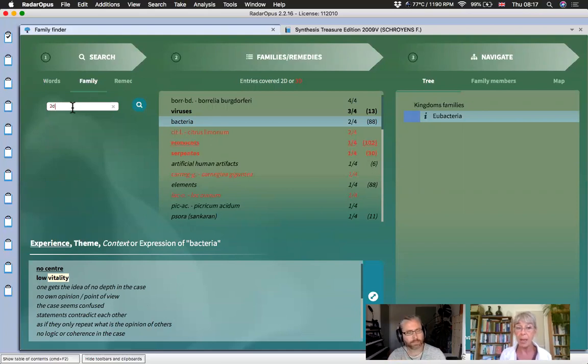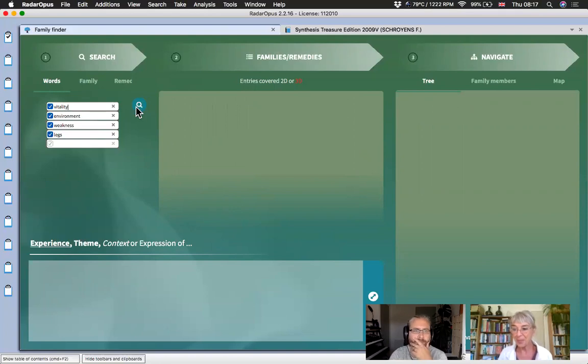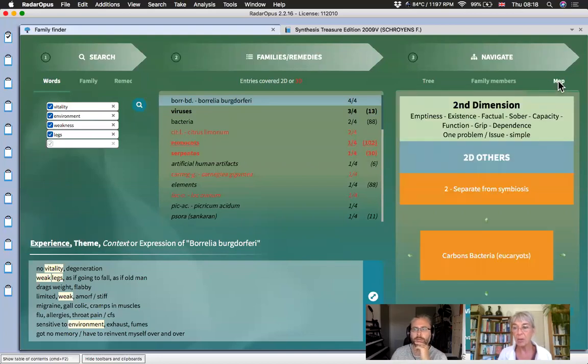So that would also be a help if you're not sure, because the first three are 2D and the following ones are 2D and 3D. So if you're not sure, you can go to the map and check. I think you can do it by looking over here, can't you? That would be the easiest, I think. And then you can see, for instance, okay, 2D. These are the keywords. Exactly.